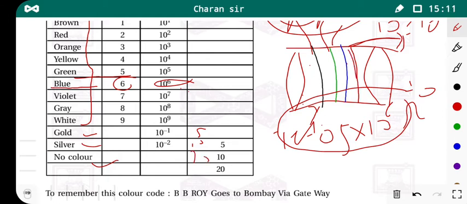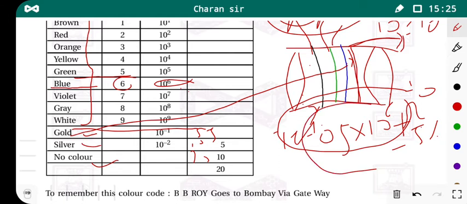Suppose instead of red you have gold. So for gold you have 5% variation. That means at that time you take plus or minus 5%. So at that time your value is 0.5 into 10 raised to 6 ohm plus or minus 5%. This value can be varied by plus 5 or by minus 5.